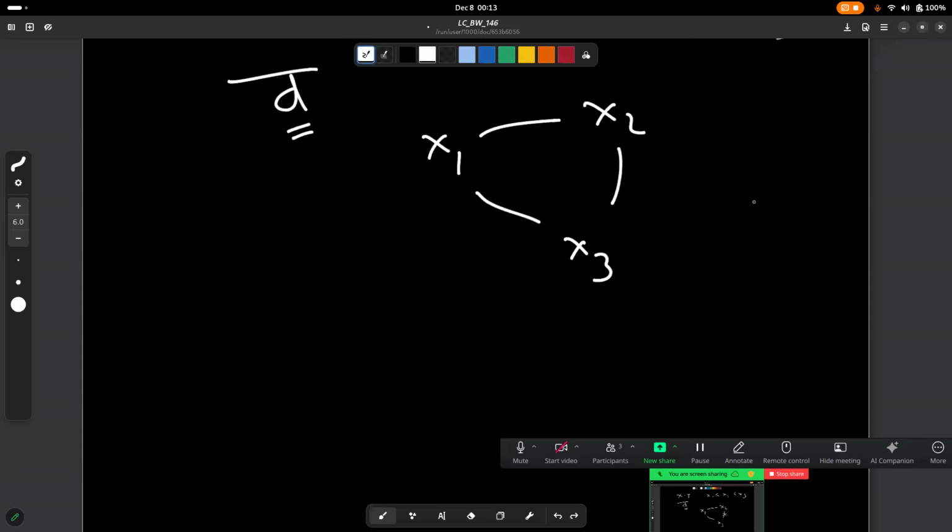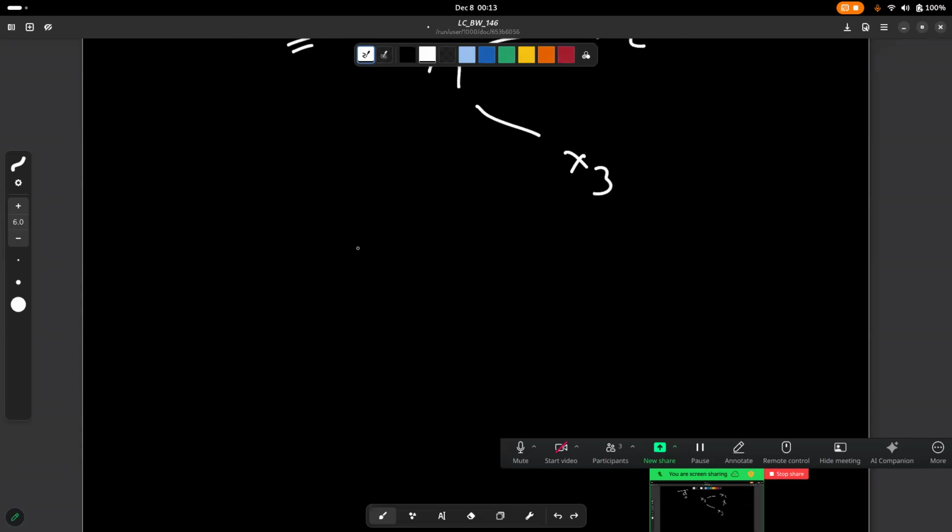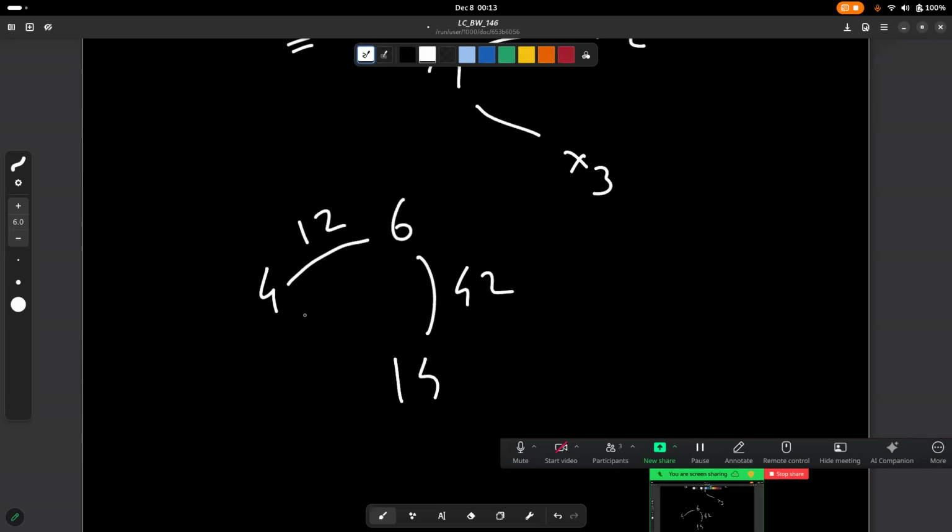Okay, so for example, 4, 6, and 14, and this will have like 7 to the 21 to the 42. So I can connect 6 to 4 with a value of 6 to the 12, 14 to 4 with a value of 14 to the 28.